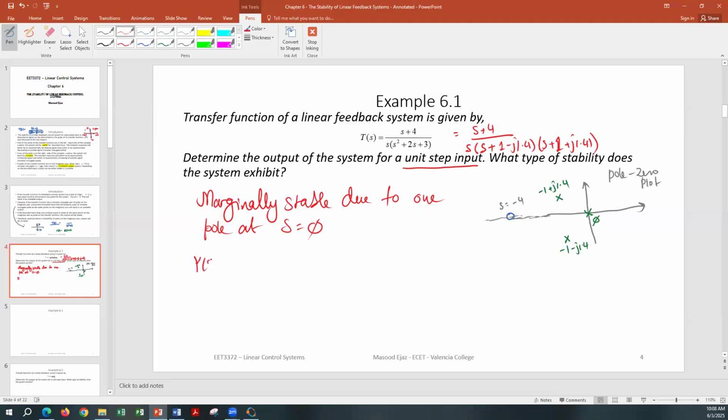My Y(s) is equal to the transfer function times R(s). I have (s plus 4) over (s squared plus 2s plus 3), and then R(s) is 1 over s. Let's go ahead and use the residue function.